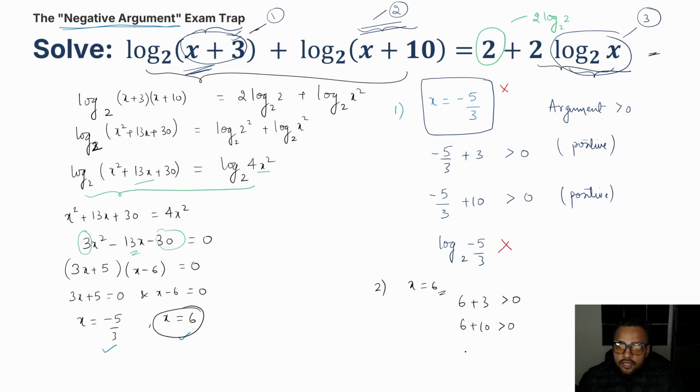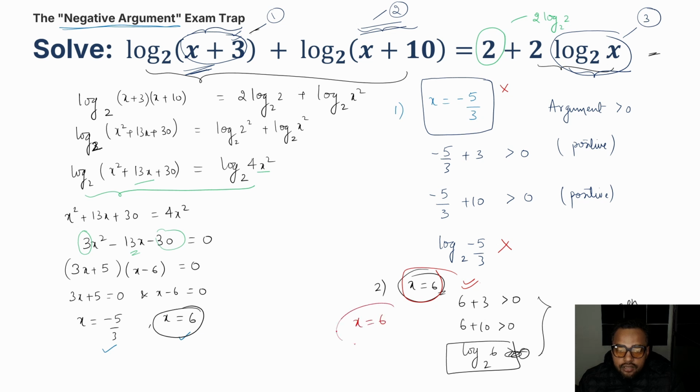We can see that log of 6 base 2 will also be greater than 0. So on inserting the value x equals 6 in all the three logs, we have positive arguments. So this will be the potential solution for this expression. So x equals 6 will be the only solution possible.